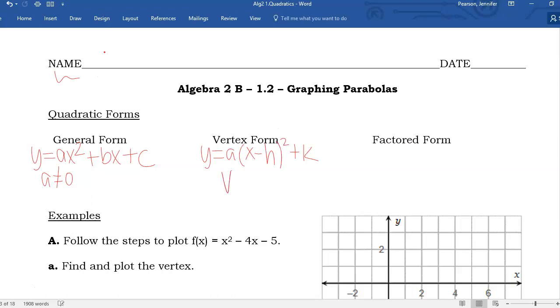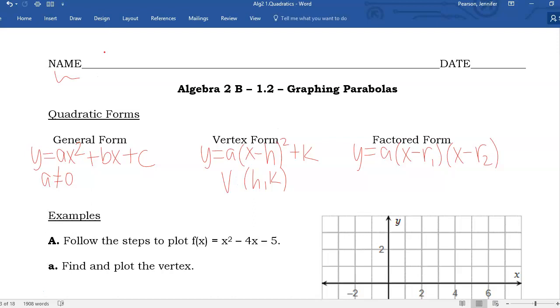The vertex is always going to be in that equation. And then we had factored form, which is showing us the x-intercepts, sometimes called the roots, sometimes called the factors, sometimes called the zeros. What we're going to be doing in this lesson is graphing equations in different forms, but also writing equations from graphs.